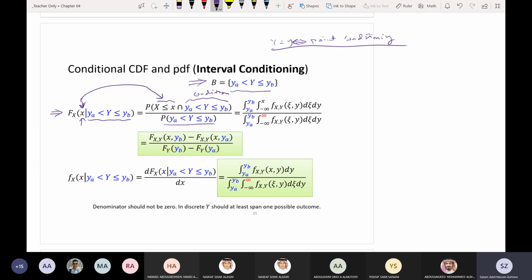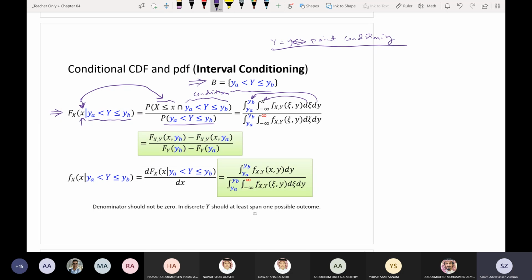In order to find the numerator, this is the double integral for Y from ya to yb and for X from minus infinity to x.